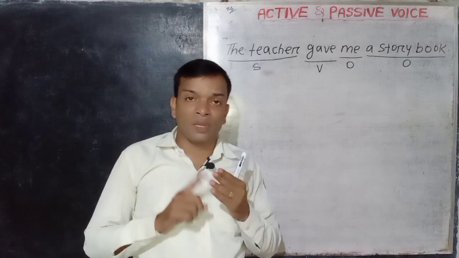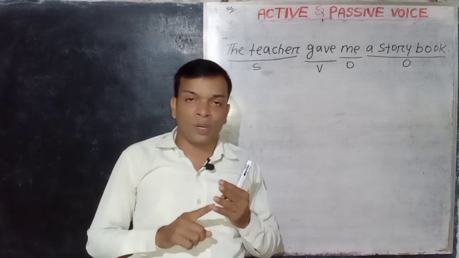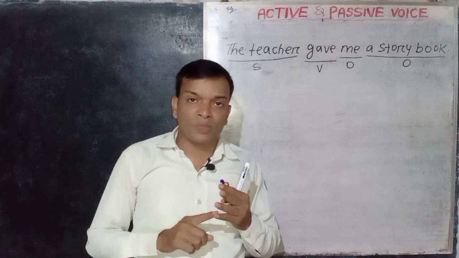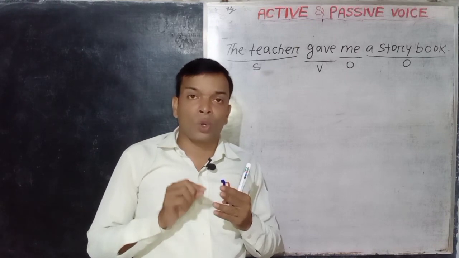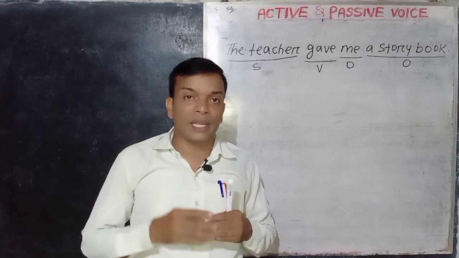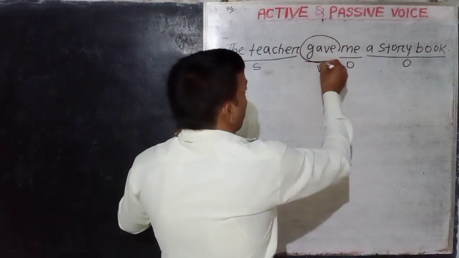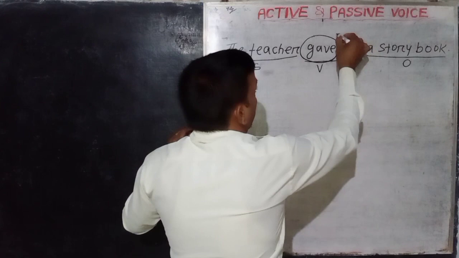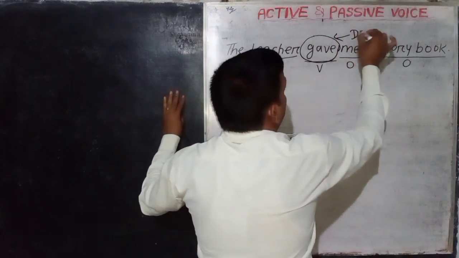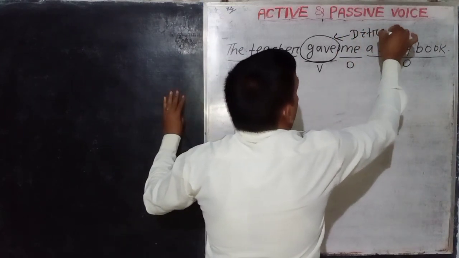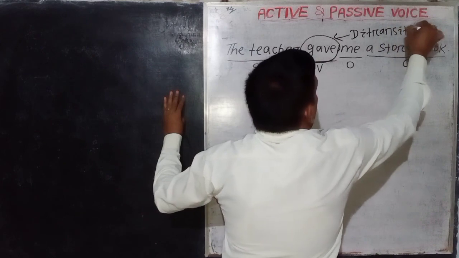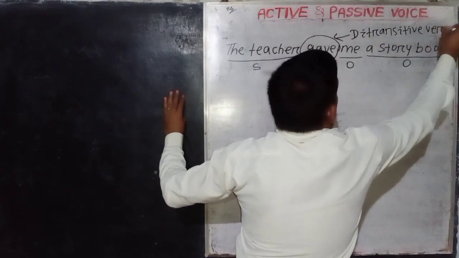If you remember the most important thing, if a transitive verb carries one object after it, then that is called the monotransitive verb. Mono means single. Clear? But here the verb gave is called the ditransitive verb.